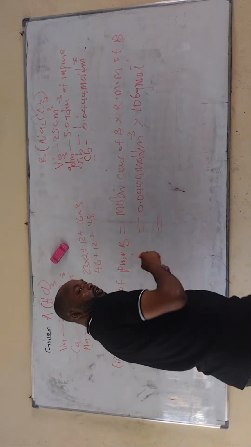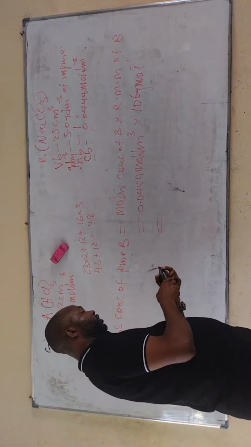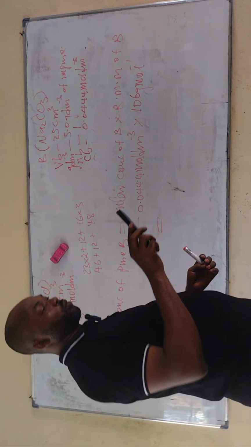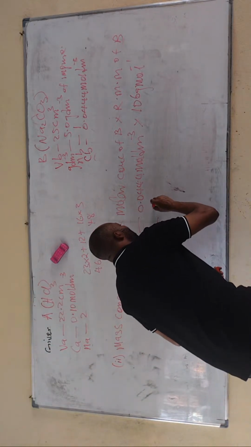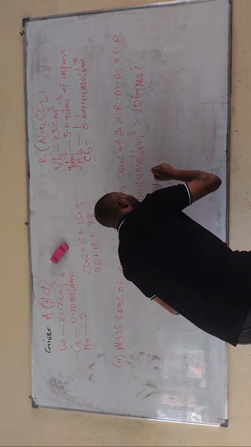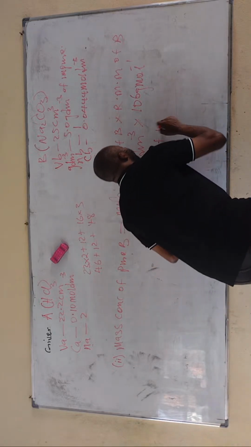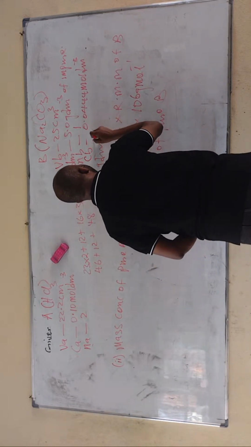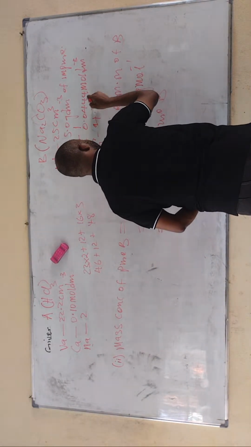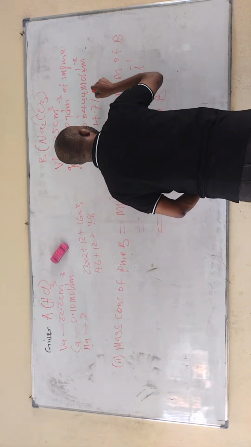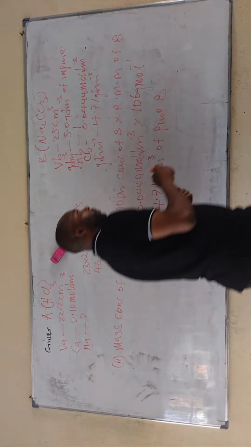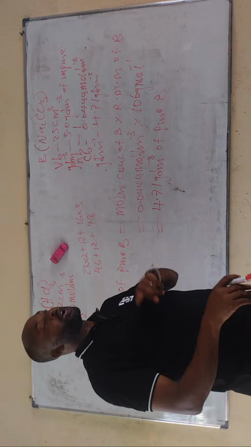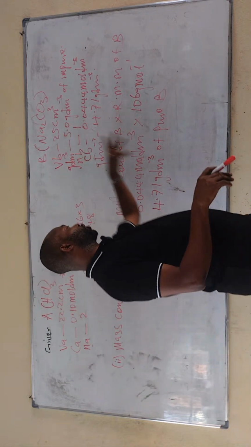And this gives us 0.0444 times 106, which is 4.71 g per dm cube of pure B. Like we said earlier, the mass concentration of the pure is meant to be lower than that of the impure, and this has shown to be true.